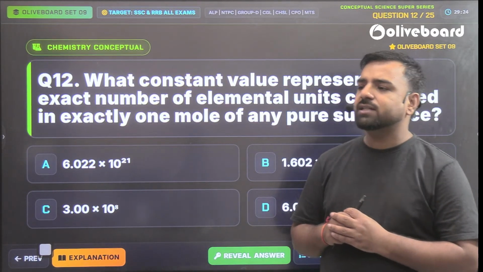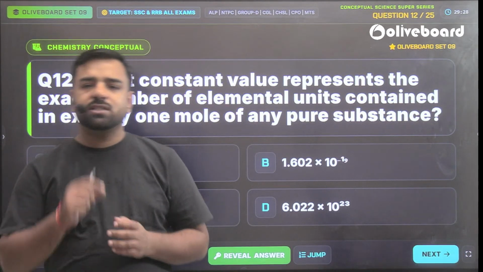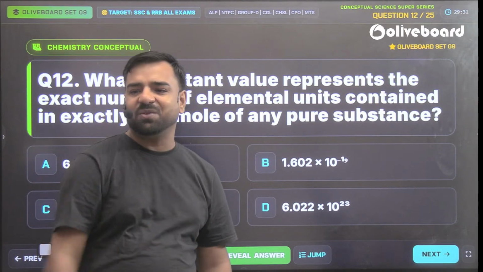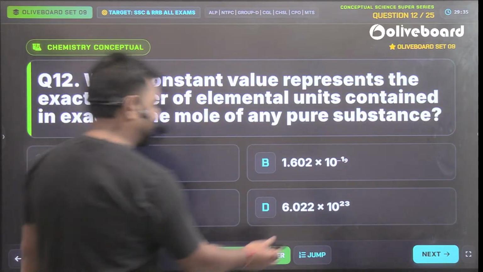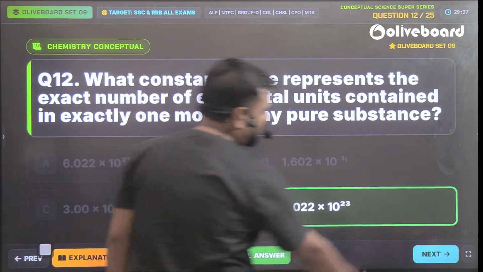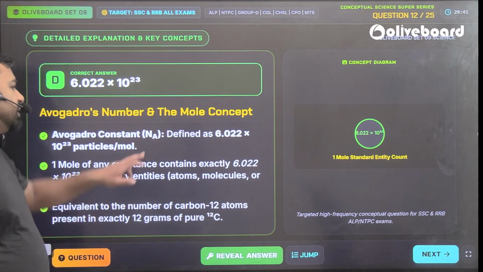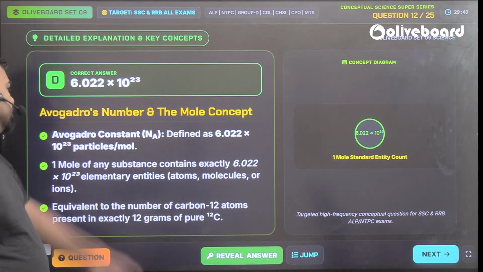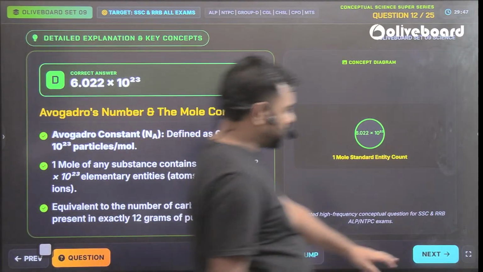And that 1 mole is equal to the Avogadro number, and that Avogadro number is equal to 6.022 × 10^23. All of you are going with D? That's correct. It's denoted by NA. So Avogadro constant, that is NA, is defined as 6.022 × 10^23 particles, right? Okay. What about the next question?